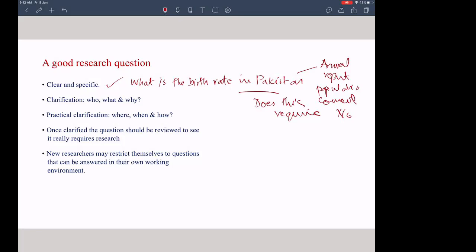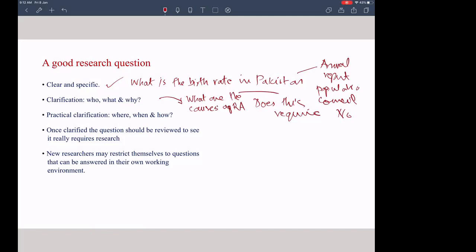But for instance, if you want to look at what are the causes of rheumatoid arthritis? Oh, this is the thing. Rheumatoid arthritis you want to look at.